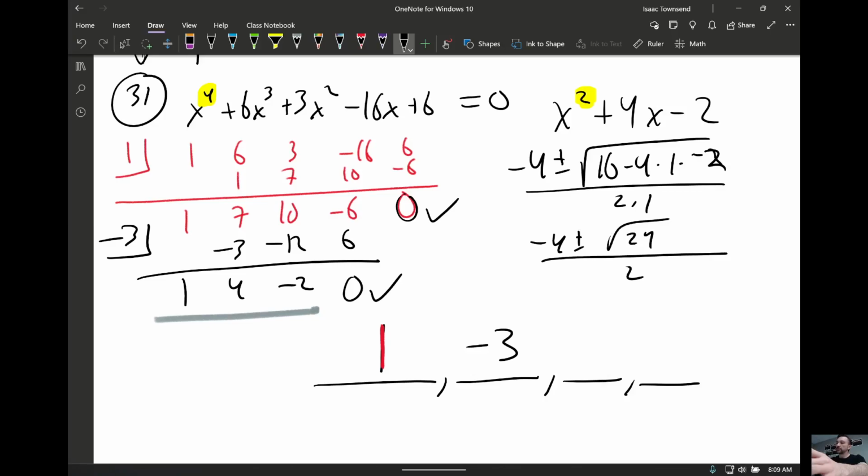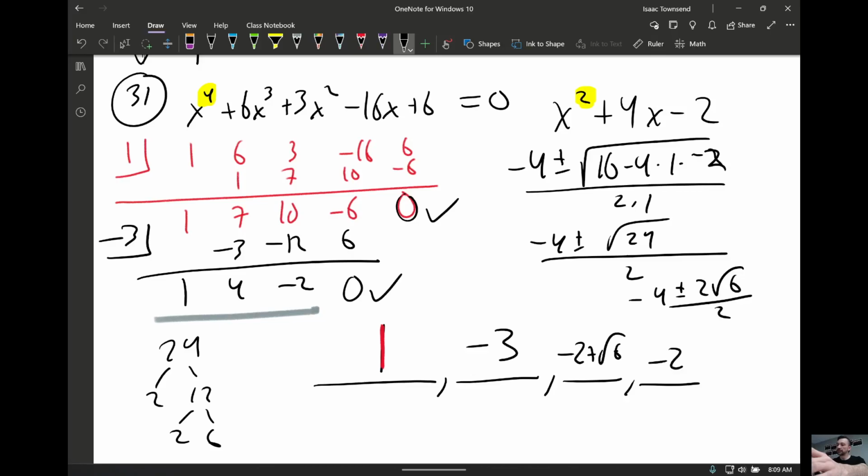So square root of 24, which is 2 square root of 6. All of those divide evenly by 2, so we end up with -2 plus the square root of 6 and -2 minus the square root of 6.